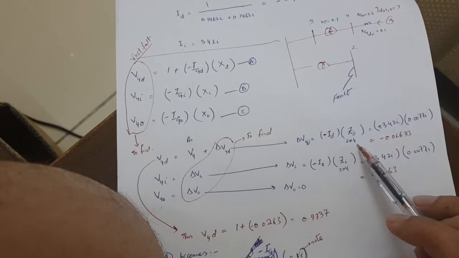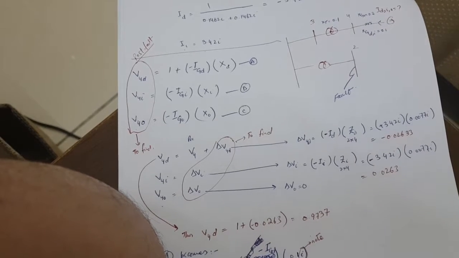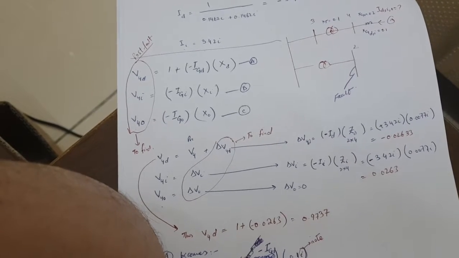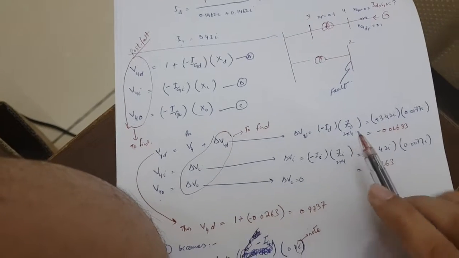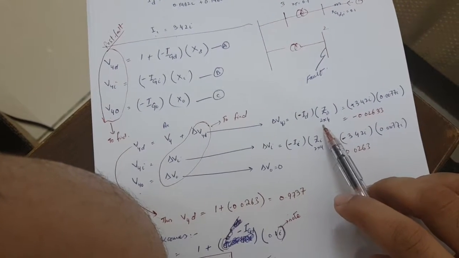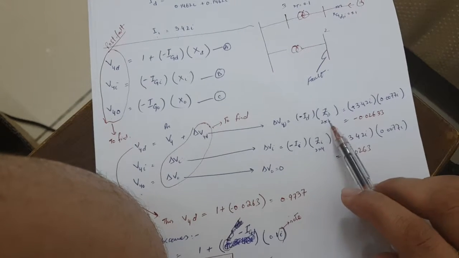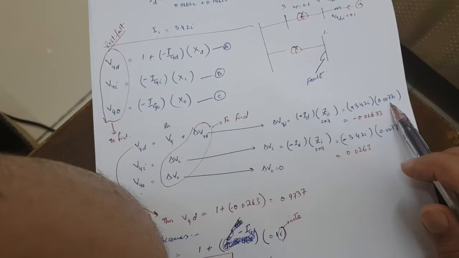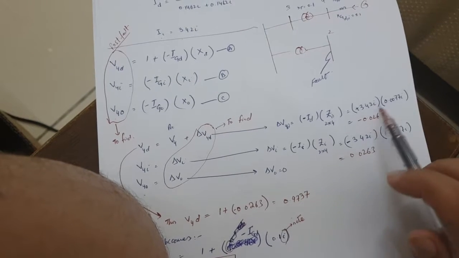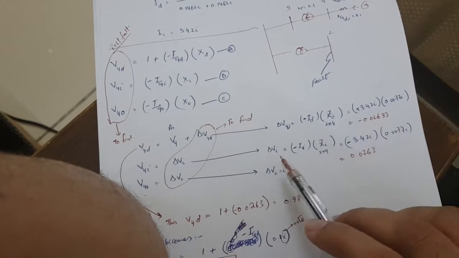You can see in the matrix the value will be exactly the same. So in the given question we have second row fourth column or fourth row second column, the value is 0.007 I. By using the calculator we will find this one.